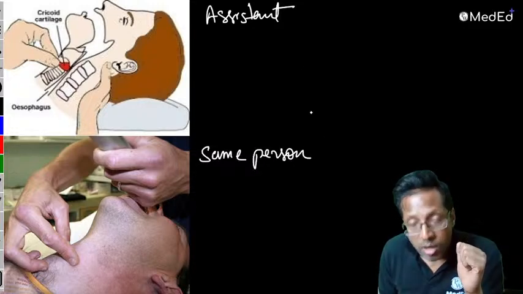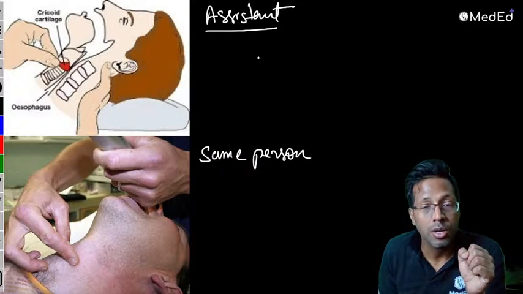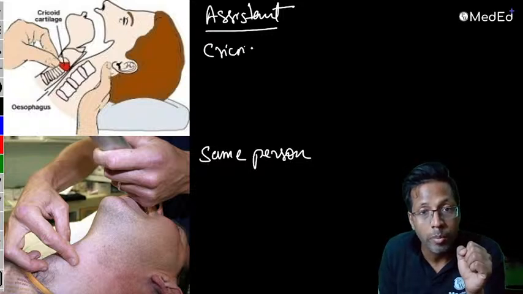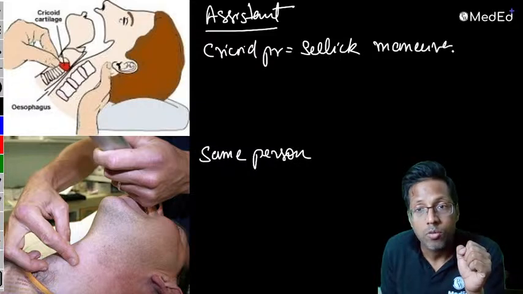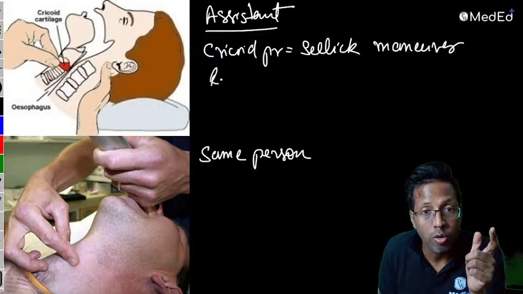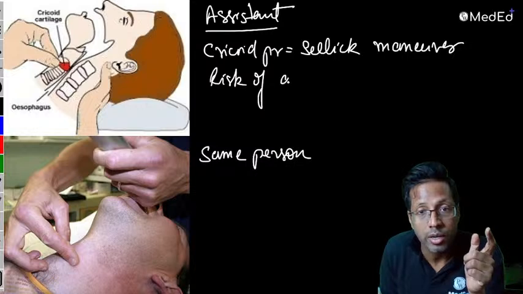So the difference is what? When the assistant gives the pressure, this is called the cricoid pressure, which is called the Sellick's maneuver. And Sellick's maneuver is done in a full stomach patient or where there is a risk of aspiration, where you give a 13 Newton pressure.